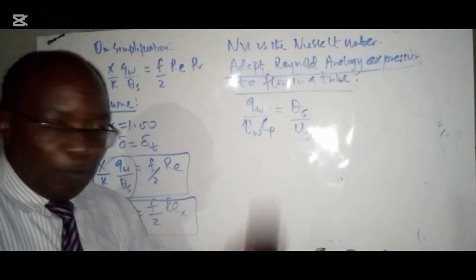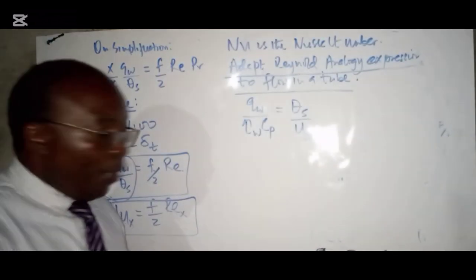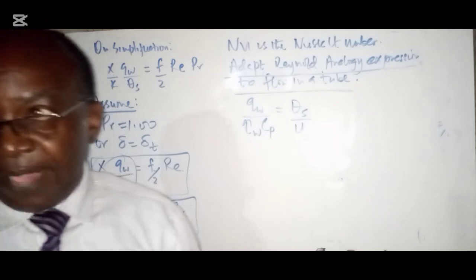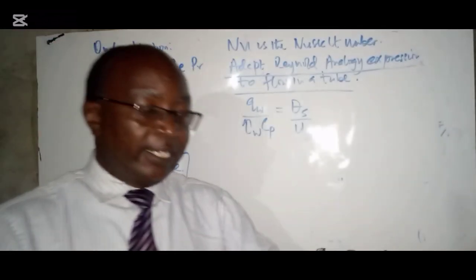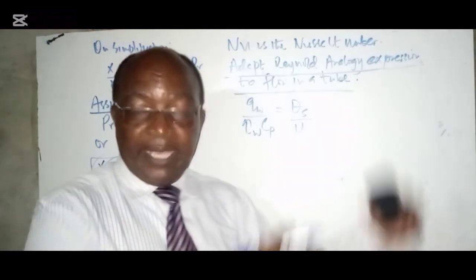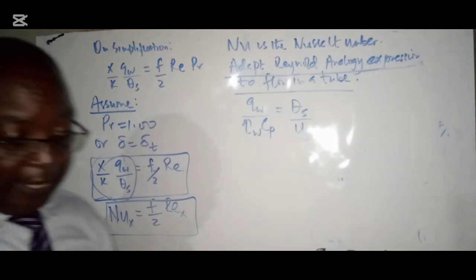So in the tube, if you look at those expressions which we used to derive the integrals, which we used to derive the Reynolds analogy, I kindly request you once again to go through those lectures so that we build the process systematically, because we cannot include all in a single lecture.